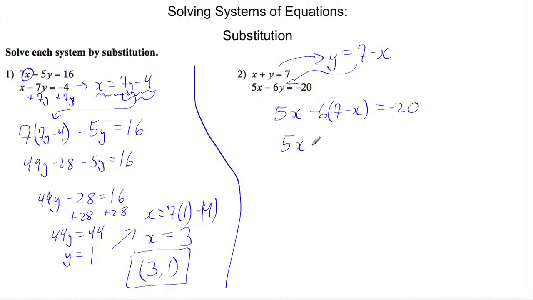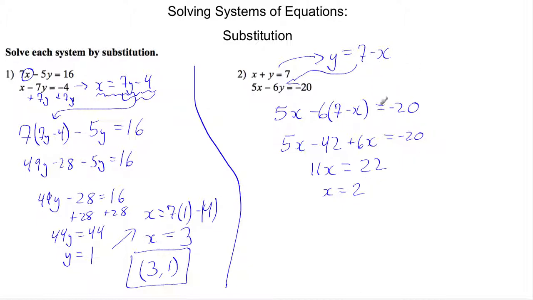So I get 5x minus 6 times 7 is 42, minus 6 times minus x is plus 6x, is equal to negative 20. If I combine my like terms, I get 11x. If I add 42 to both sides, I get negative 20 plus 42, which is 22. And I can divide both sides by 11 to get 1x is equal to 2.